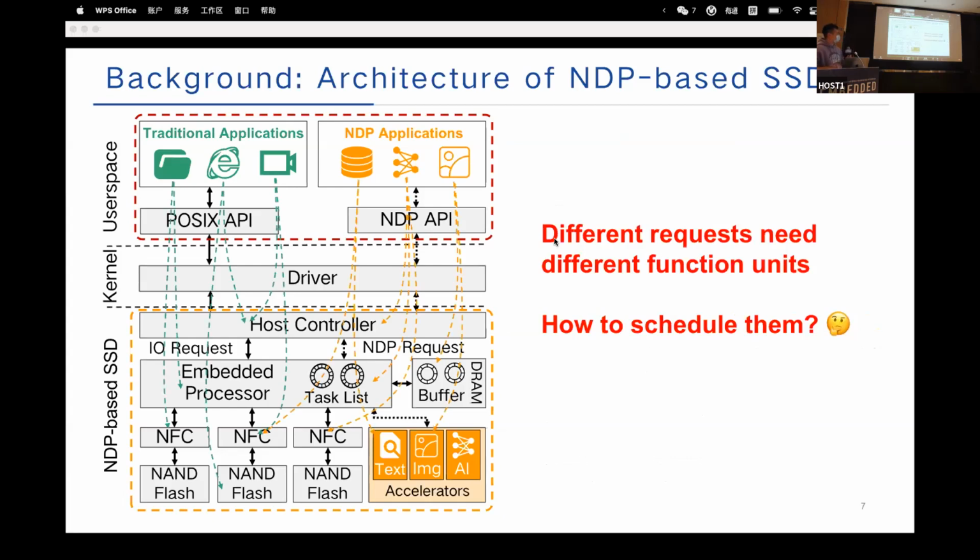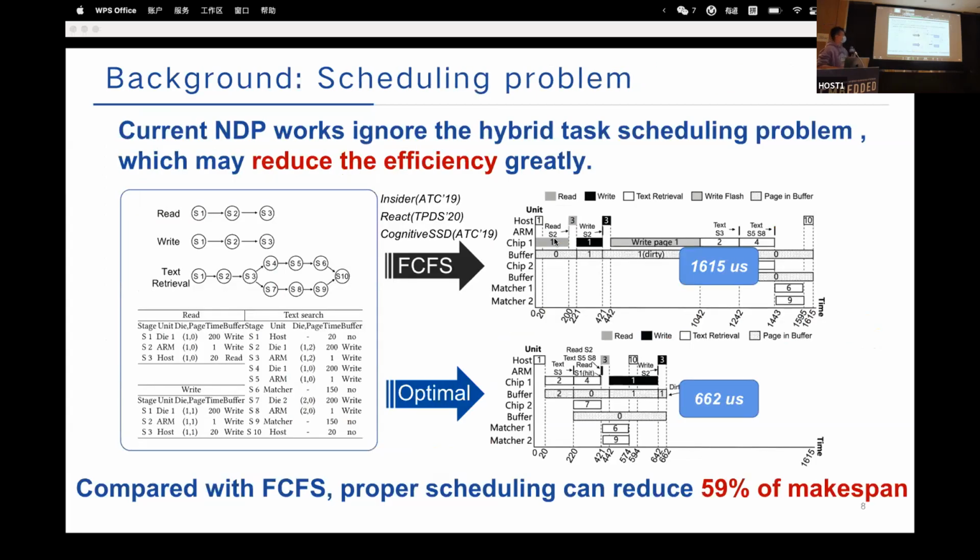So the two features of the NDP-based SSD raise a question. The different requests need different function units at different times. How to schedule them properly? Unfortunately, current NDP works ignore the hybrid task scheduling problem, which may reduce efficiency greatly. Let me illustrate the scheduling problem by example.